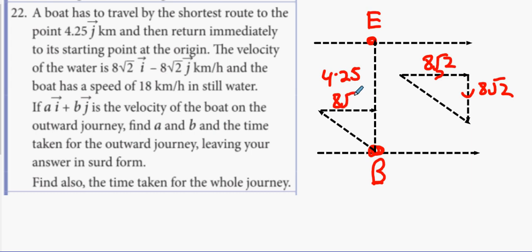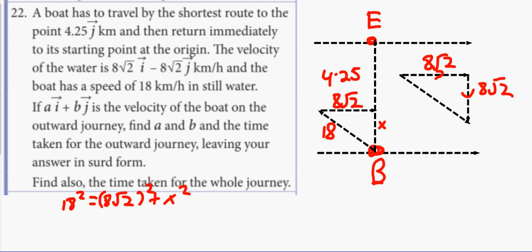Okay. And then we say we can go 18, don't we? So what's that? 18, is that okay? And then what we look for is just call this x if you want. So 18 squared equals 8 root 2 squared plus x squared.